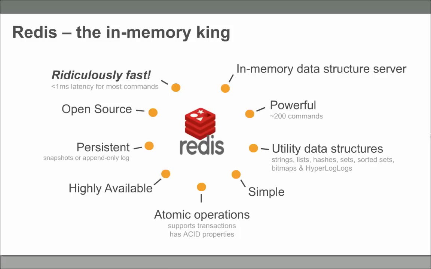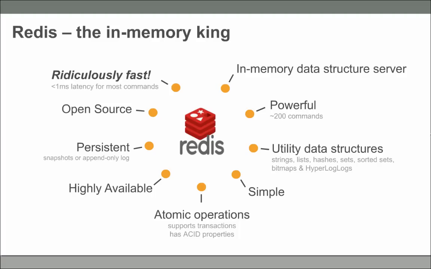Redis is as fast as Memcached, but it's more of an in-memory data structure server. So it's not just a caching engine. Since its introduction in 2009, Redis has become the most popular in-memory key value store out there.